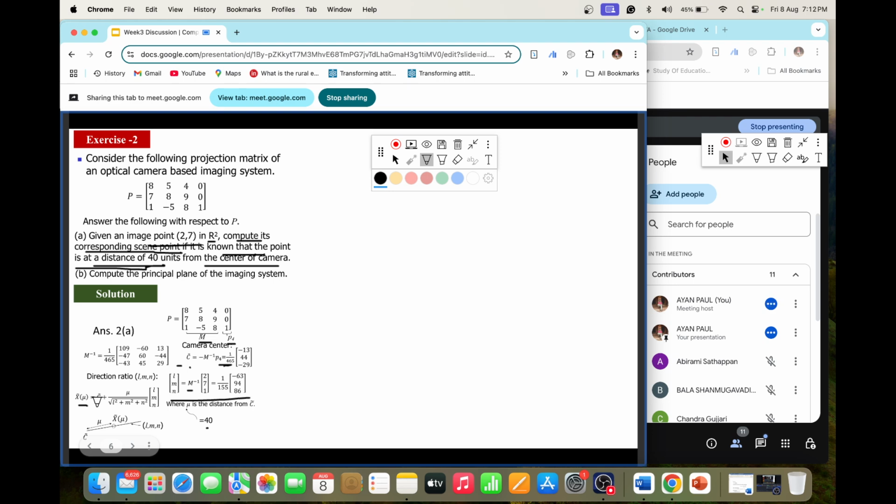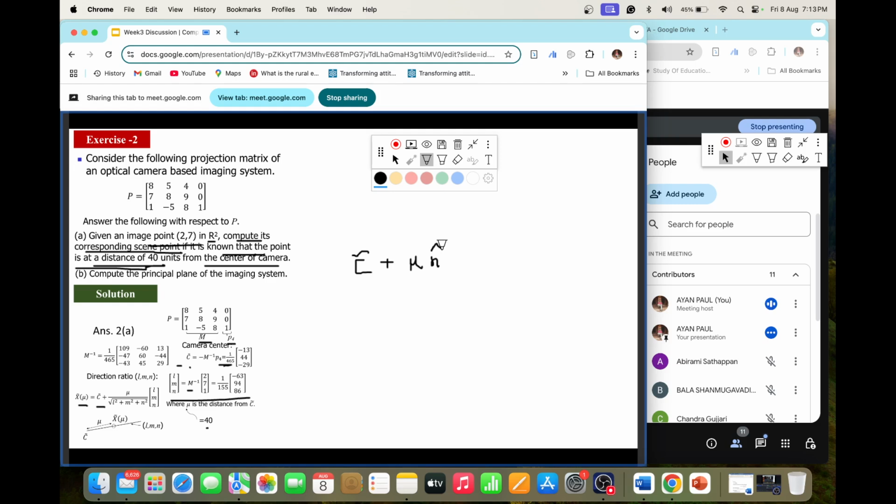Once we have the camera center and the point is at a distance of 40 units from the camera center, we can just multiply it by the direction. So it is nothing but c tilde plus mu times the direction.